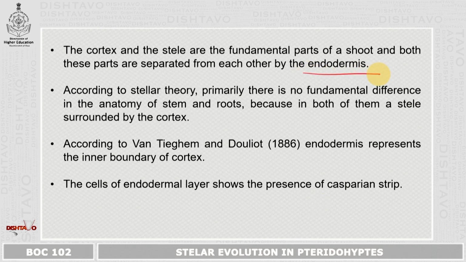According to stellar theory, primarily there is no fundamental difference between the anatomy of a stem and a root, because they both have a vascular system, so they have the cortex and the stele. According to Van Tieghem and Douliot, endodermis represents the inner boundary of the cortex. The cells of the endodermal layer show the presence of Casparian strips.